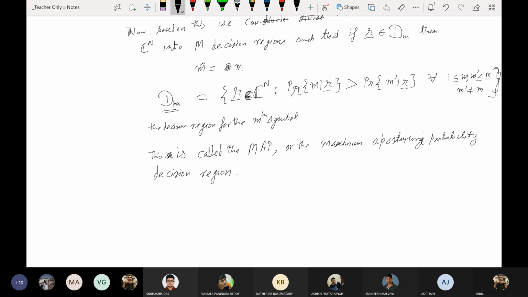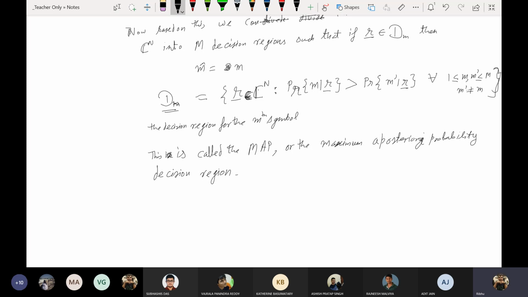Fine. This is called the MAP, and similarly you can have the ML decision region. So now, who will ask the question that I'm waiting for?